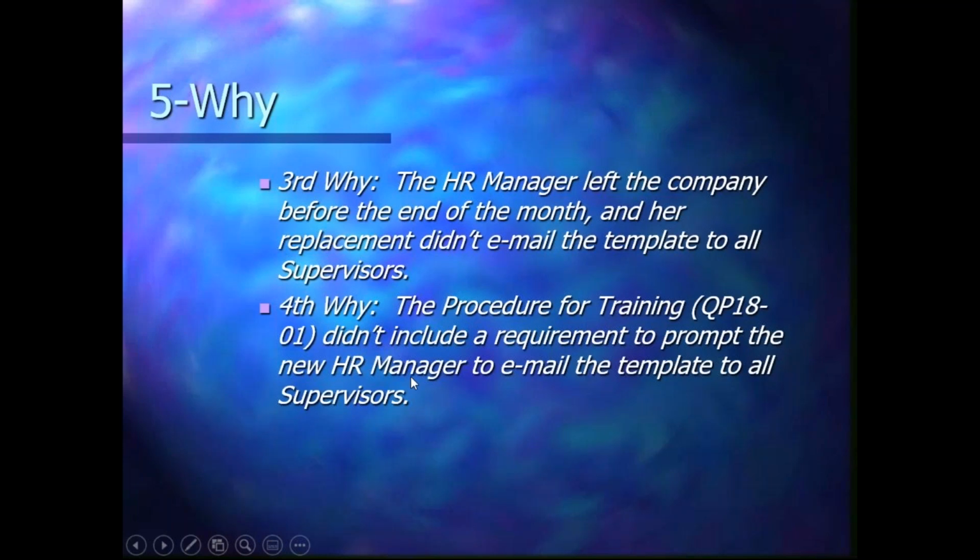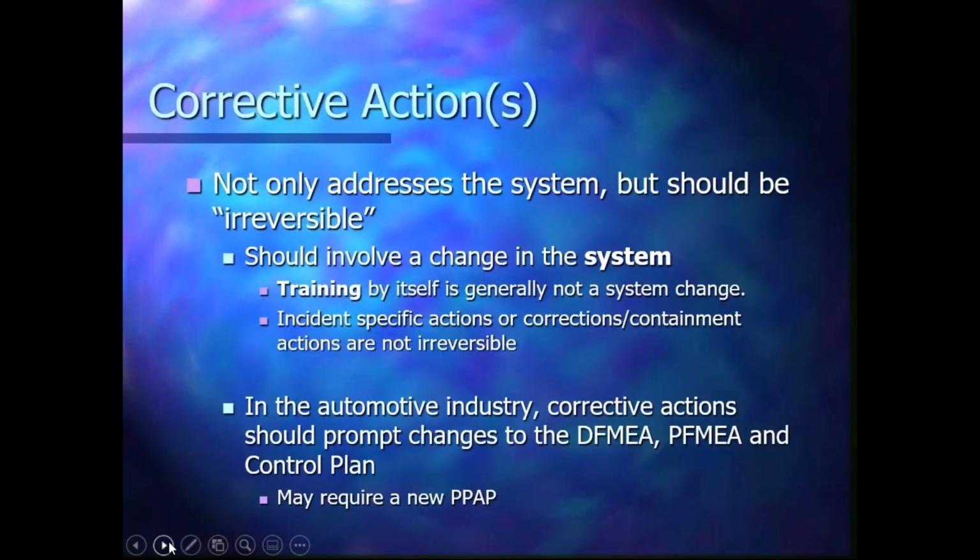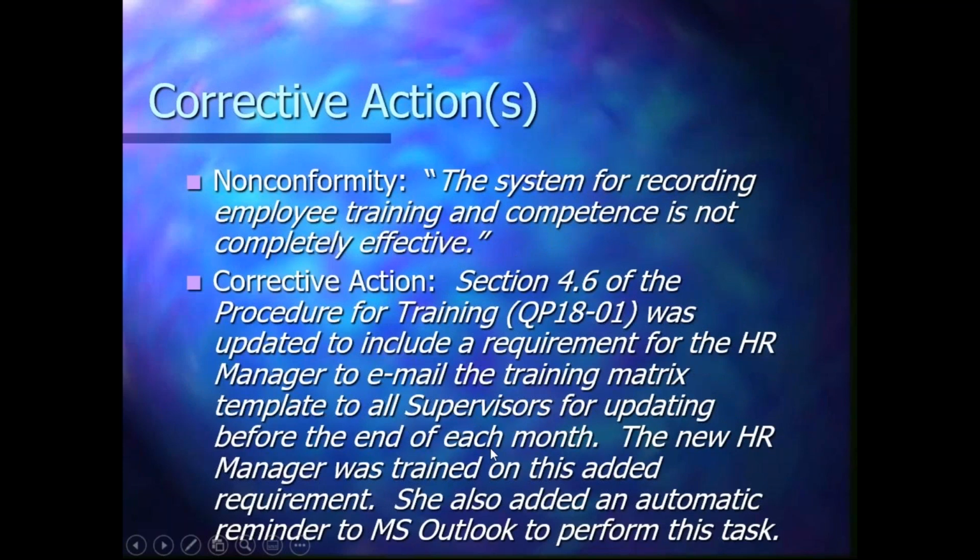The procedure for training didn't include a requirement to prompt the new HR manager to email the template to all supervisors. And now our corrective action does include an update to that procedure for training. You'll note that there's a training event that went with this, but it's not the only thing, because training is not irreversible, as we previously discussed.